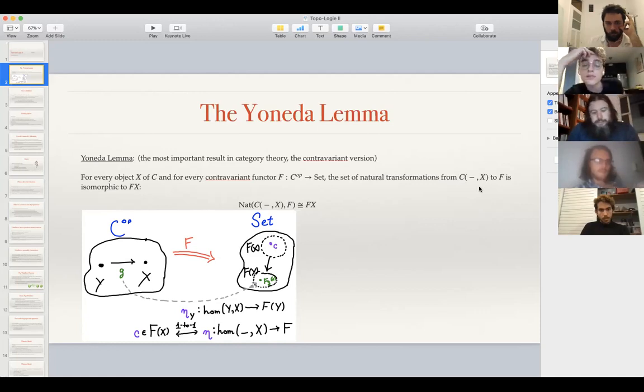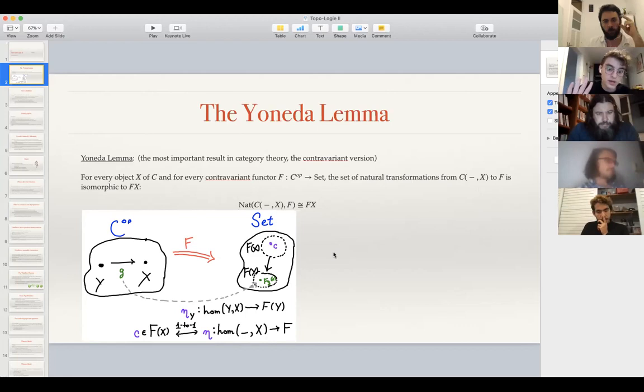It takes in an object of your category and gives you all of the relationships, in this case all of the maps into the object X. But what it's saying is that the set of natural transformations from this representable functor to an arbitrary functor, it doesn't matter which one, is exactly F of X, if you just apply the functor to your object X. So it's a very striking thing.